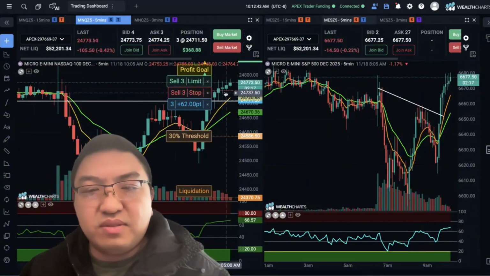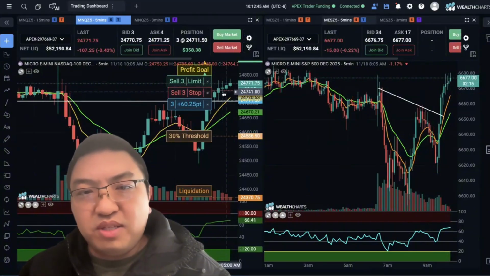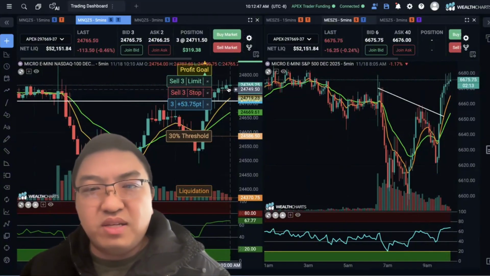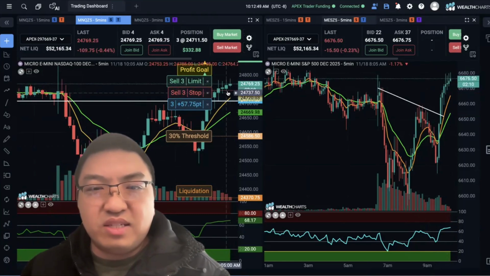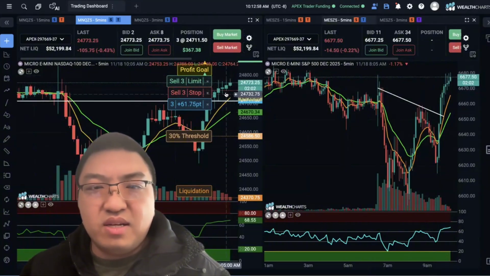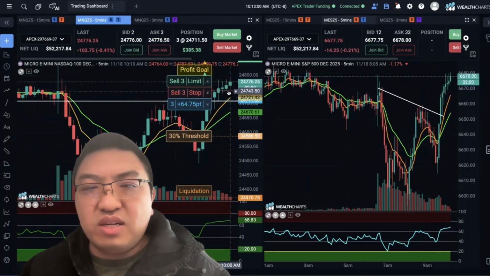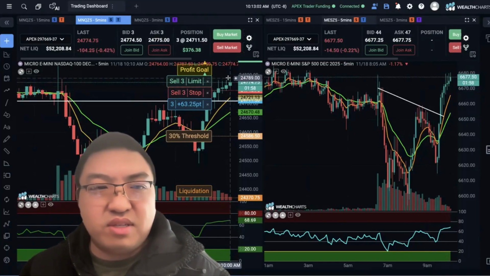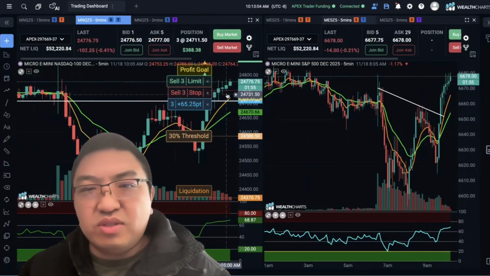You can interpret this as the upward momentum keeps decreasing, keeps vanishing. But you can also say it's continuously making higher highs and higher lows, so it's accumulating power. And once it breaks out of this level, it's just a long candle.